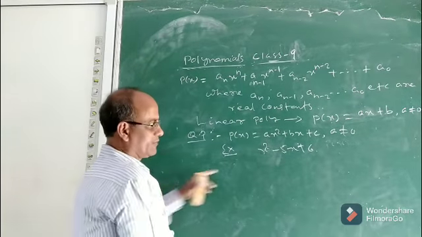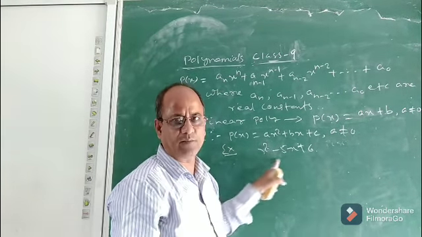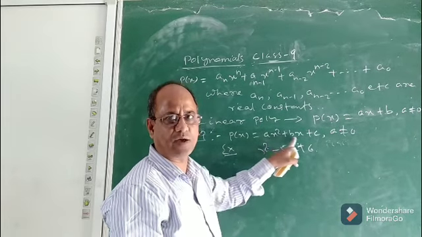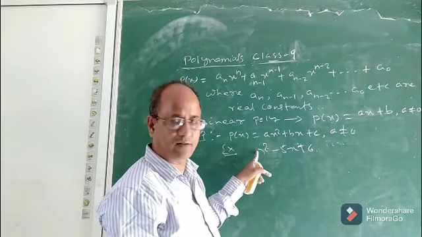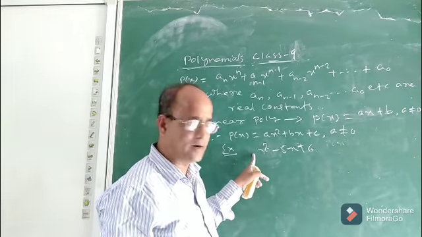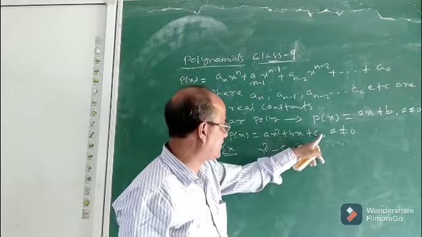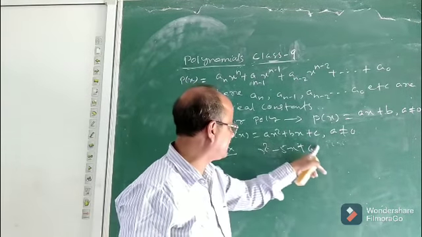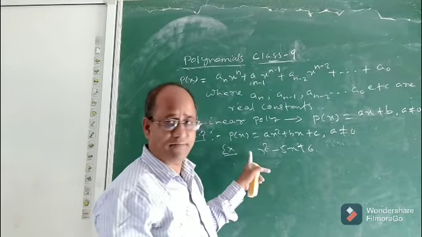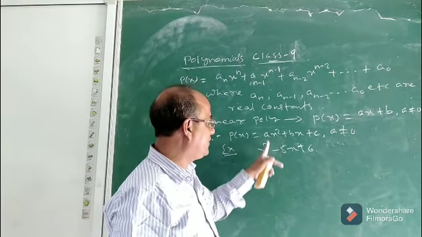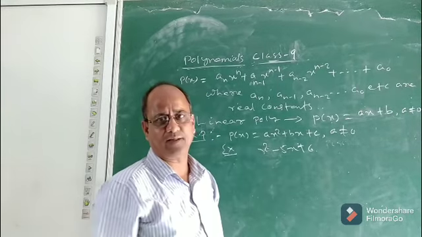This is a quadratic polynomial in variable x, and it is of this form, ax square, where a is equal to 1, the coefficient of x square is 1. So the value of a will be 1, b will be minus 5, and c, the constant term, will be equal to 6. Okay. So clearly this is a quadratic polynomial. So every quadratic polynomial will be in this form, ax square plus bx plus c.